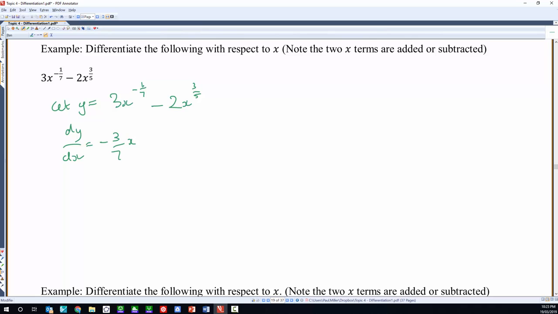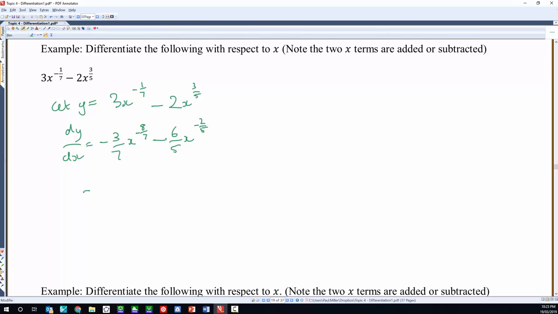I need to remove 1 or 7 on 7 from it, which is going to be negative 8 on 7. Take away 3/5 of 2 is 6/5 x, and I need to remove 1 or 5/5 from this, which is negative 2/5. Okay, so there's our derivative.